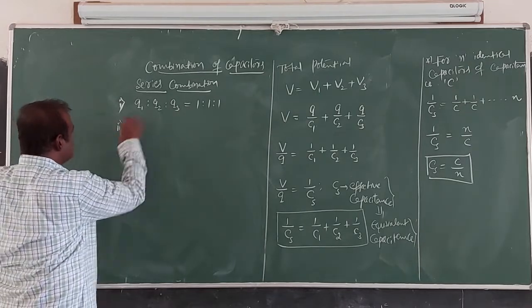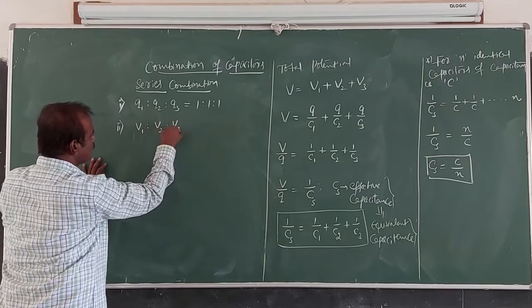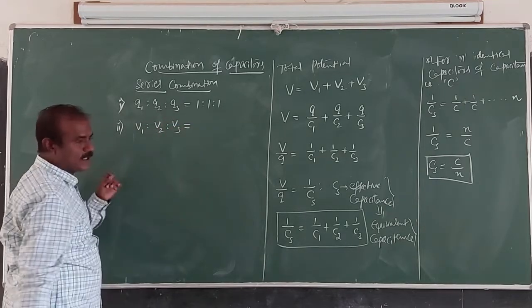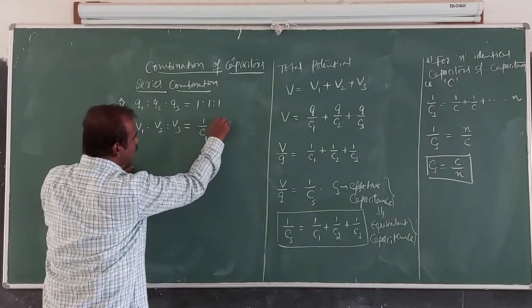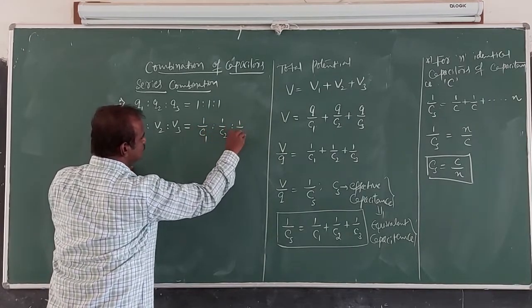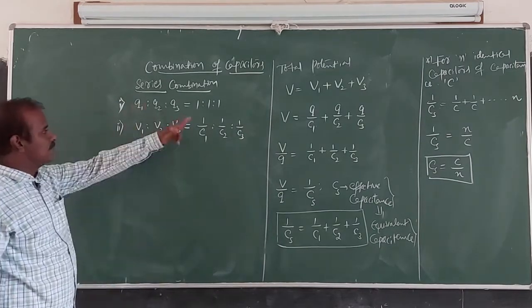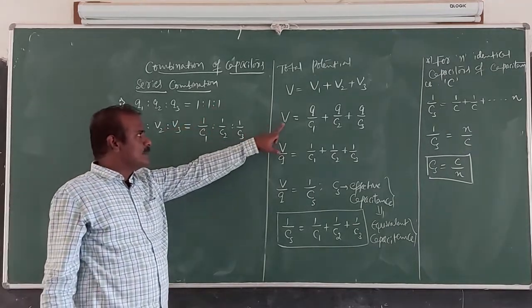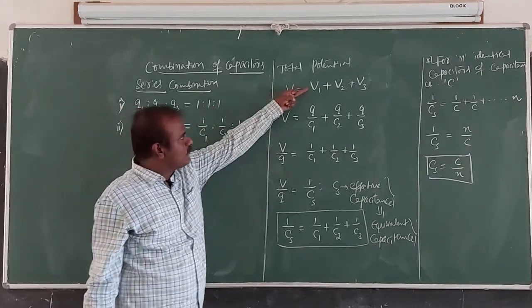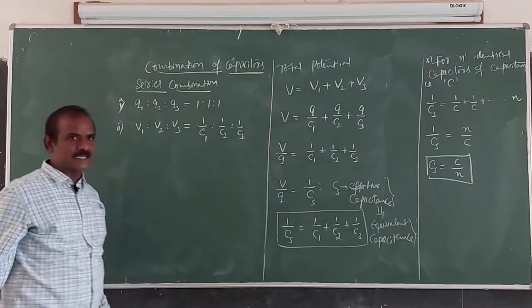Second, how about potential ratio? Potential will be different and how does it vary? Potential will be inverse ratio of capacitances, because V is equal to Q by C. Q is same, therefore V1 is to V2 is to V3 is 1 by C1 is to 1 by C2 is to 1 by C3. You can see V1 is Q by C1, V2 is Q by C2, and Q is same for all.